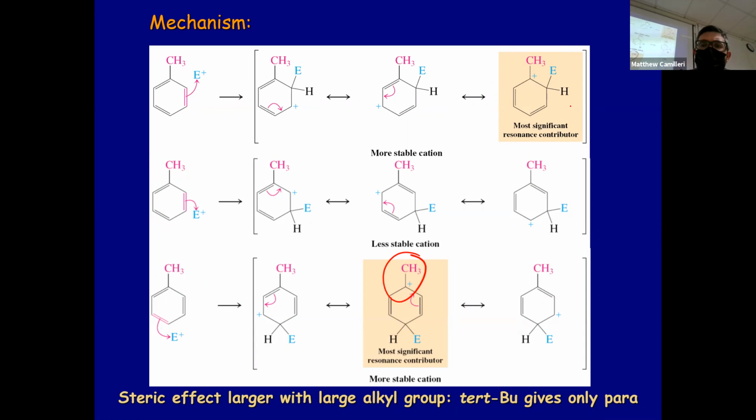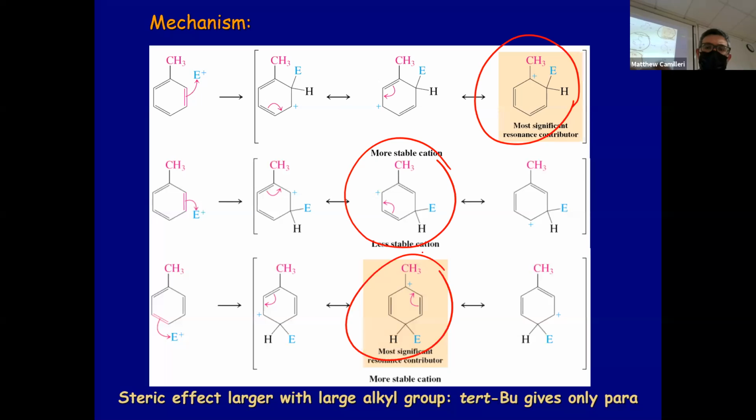So if you have these 3 structures, which 2 are going to be most stable? The ones where the methyl group is going to be adjacent to the positive charge. So it's these 2. The other one, the stabilization is a little bit less. It's still more stable than benzene, but it can't hyperconjugate.